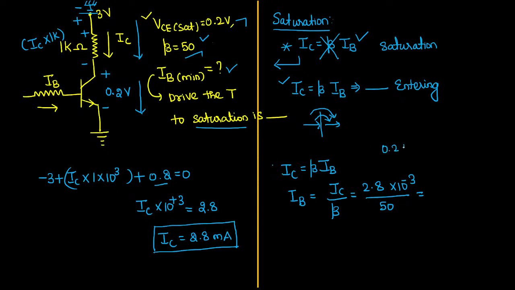It will become 0.28 by 5. So 0.5 times 5 will be 25, remaining is 3, 6 times 5 will be 30. So 0.56.